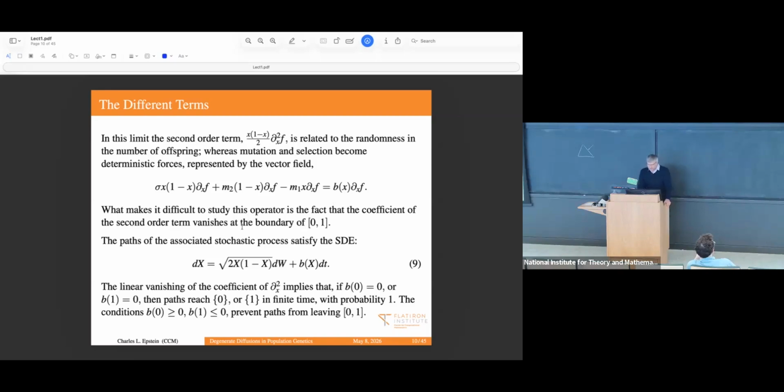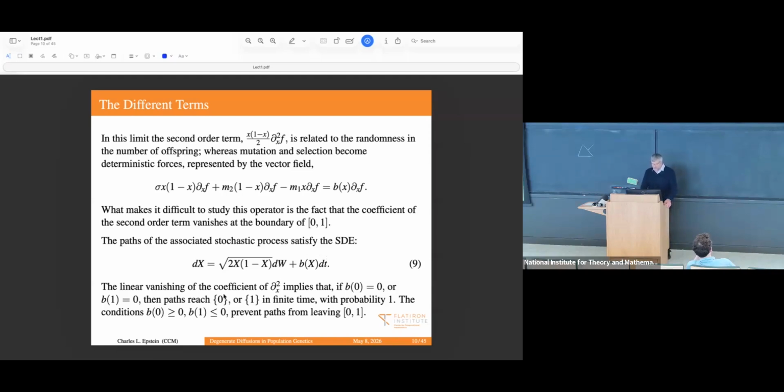Now what makes it hard to study this operator is that the coefficient of the second order term, x(1 minus x), vanishes at the boundaries. So it's a degenerate PDE. Now the paths of the associated SDE, the stochastic differential equation, are given by the Ito equation dx = sqrt(2x(1 minus x)) dW, where dW is a white noise process, plus b(x) dt, that's a drift term.